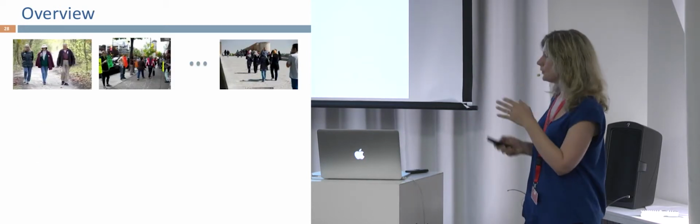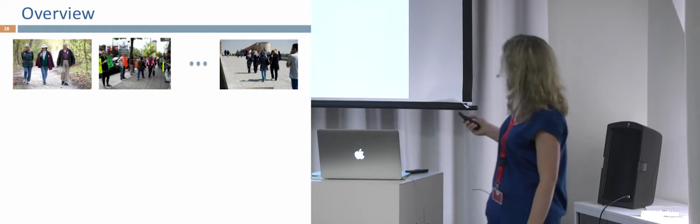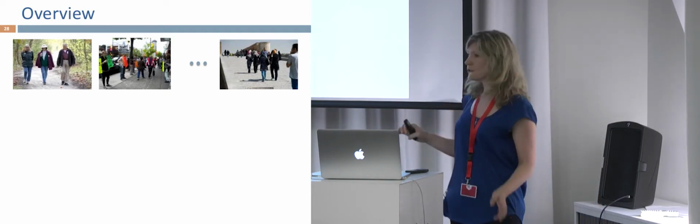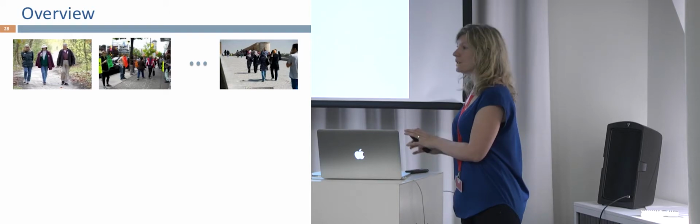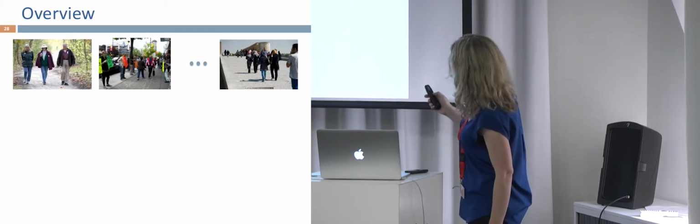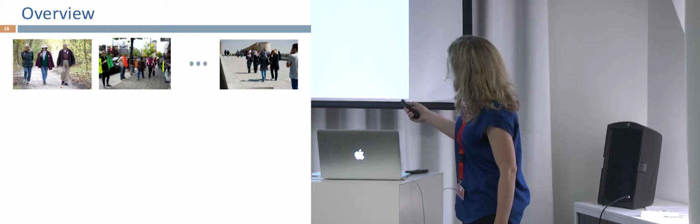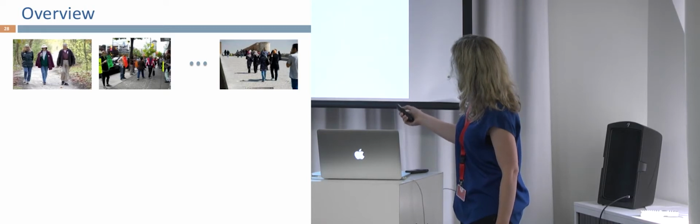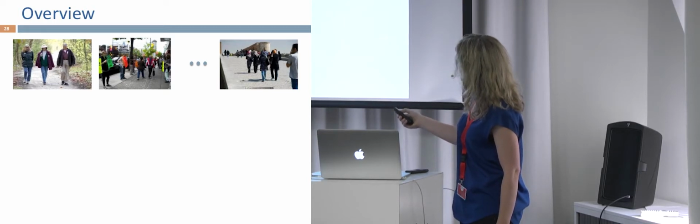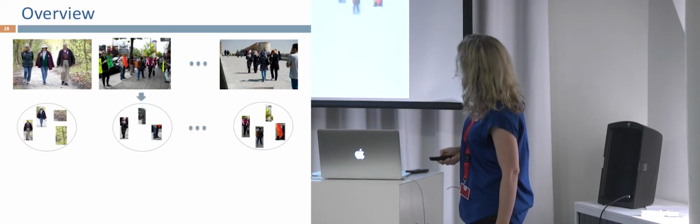Here's an overview of our method. We start with images like this, which again we just got by typing pedestrian into a search engine. As you can see, they're cluttered, there are many objects, there are many pedestrians, and we don't have bounding boxes around each pedestrian.